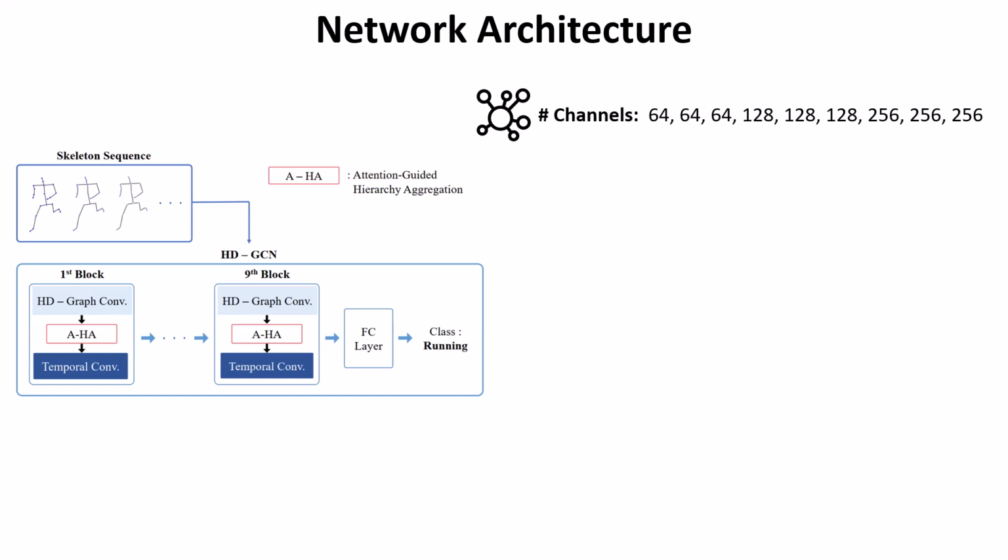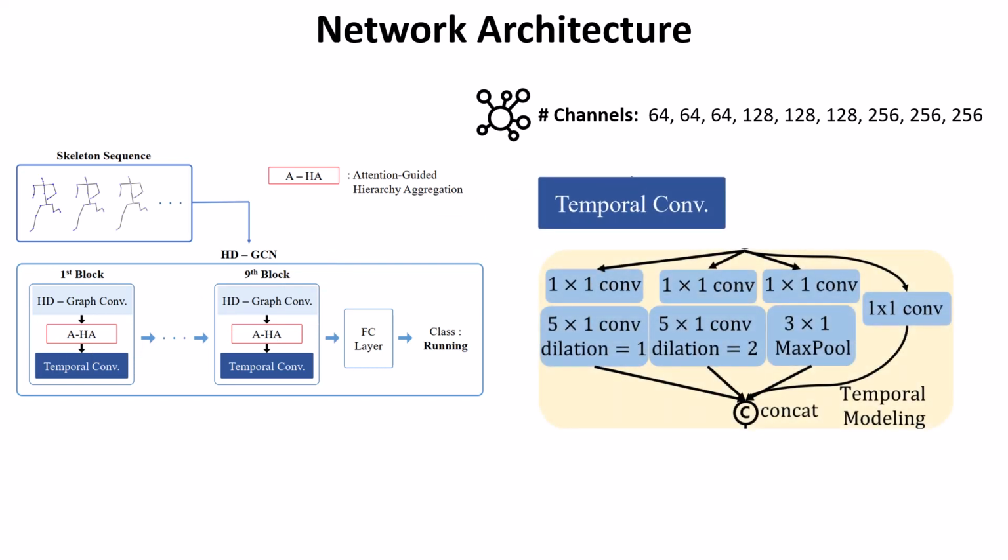And what about the temporal convolution? They just use the idea that CTR-GCN had, if you read that paper. And in CTR-GCN, instead of having a single temporal convolution, they have 4 different branches. Like you see, the branch on the left has 5x1 convolution with dilation of 1.